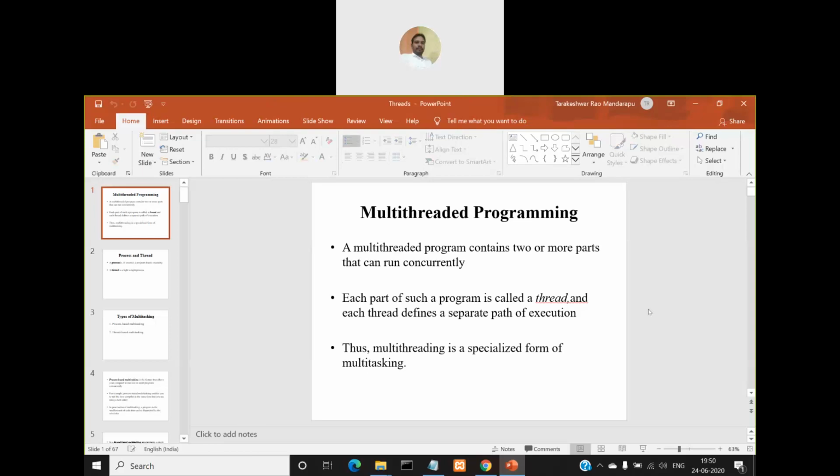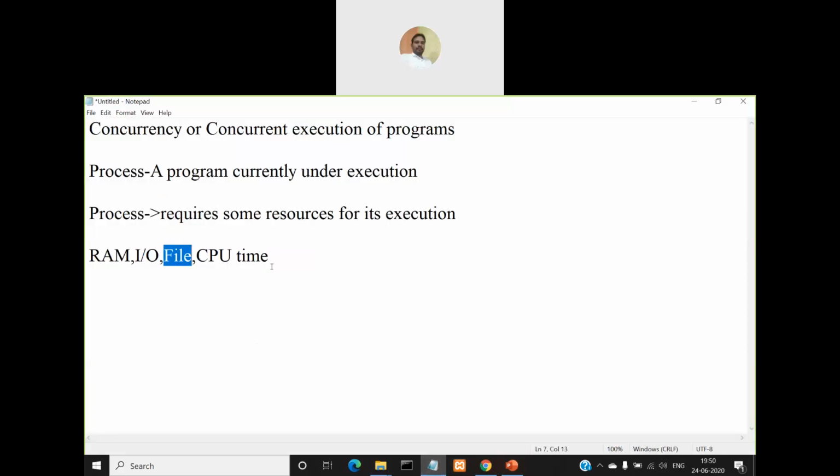That means, earlier in the notepad when we were discussing, we were referring to the term process, right? So these processes can be further divided into multiple parts. That is nothing but called threads. Many threads together will form a single process.